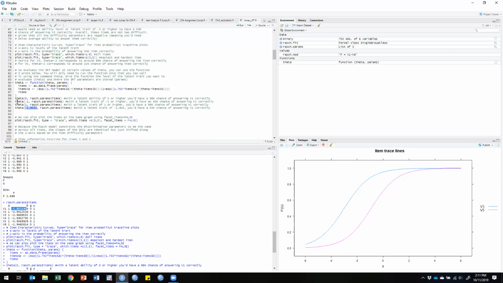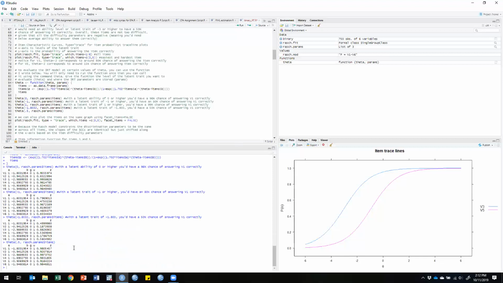That's how you interpret these difficulty parameters. Sometimes I think it's easier if we can just play along and plug in different values of theta. And you can play around with this too. Theta of 0.5, Rasch parameters, items, and we can get what the probability of getting each item correctly would be.